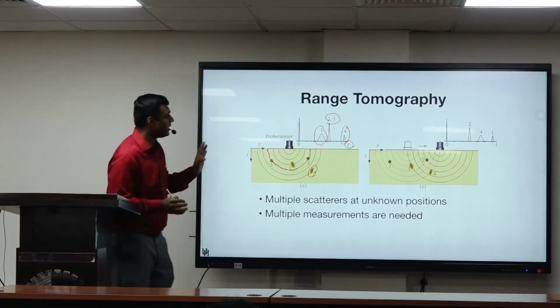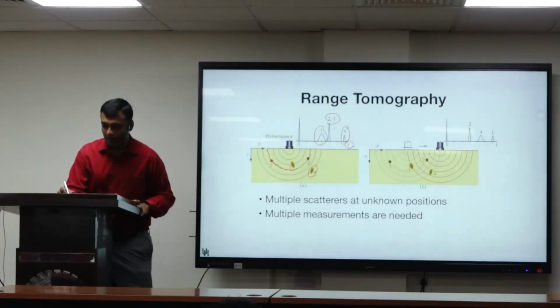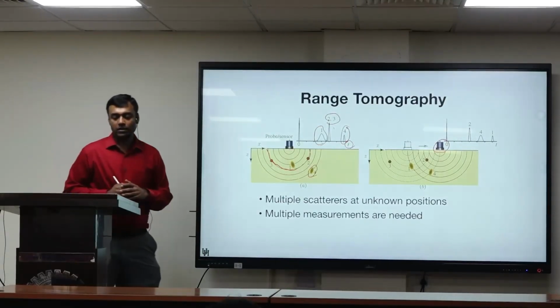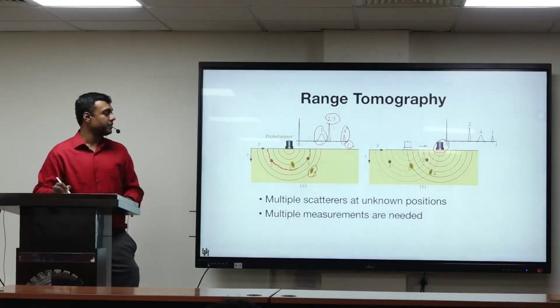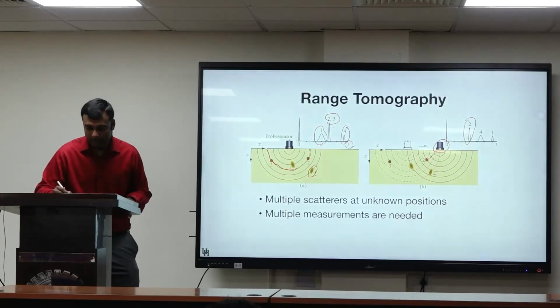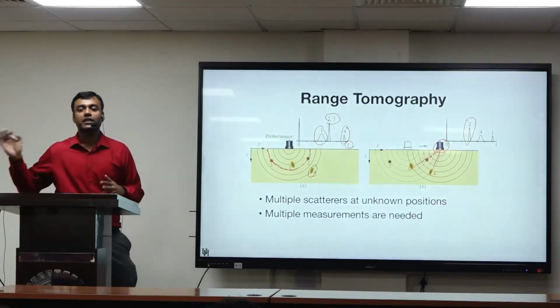So the basic idea is to move to a different point. If you move the sensor to a slightly different location and do the same kind of experiment, you again send out waves in all different directions. Then you will get a signal from 2, and then from 4, and from 1. But because 3 is very far away, you may not even get any signal.